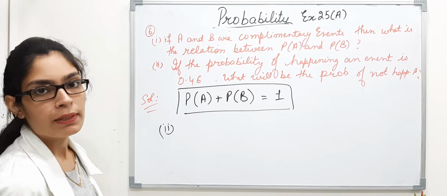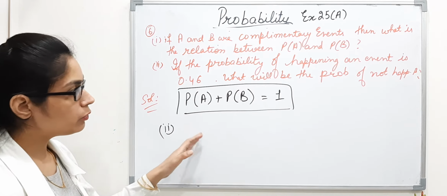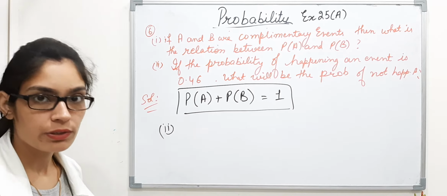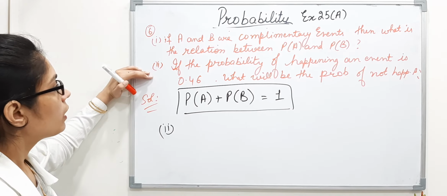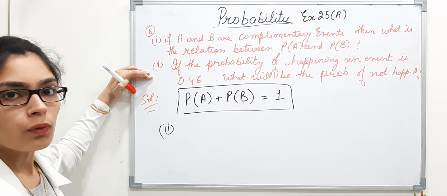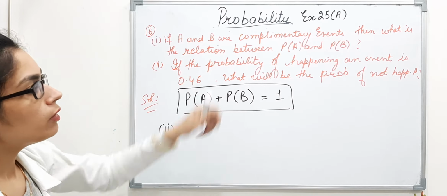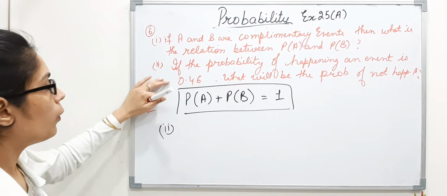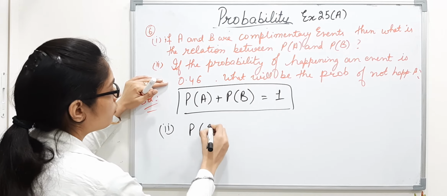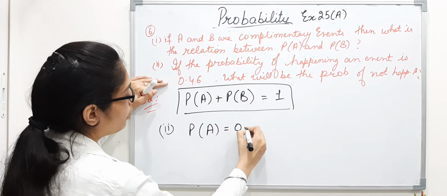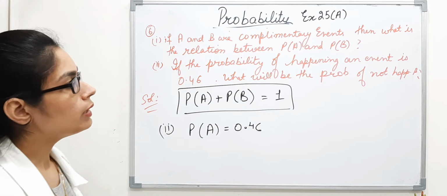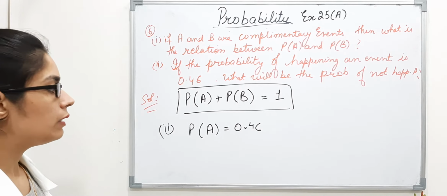And we have already been using the complementary events in the previous questions also. PE and P not E will always be complementary events. Now if the probability of happening of an event is 0.46, happening of an event I will write PA, it's 0.46. What will be the probability of not happening of an event?